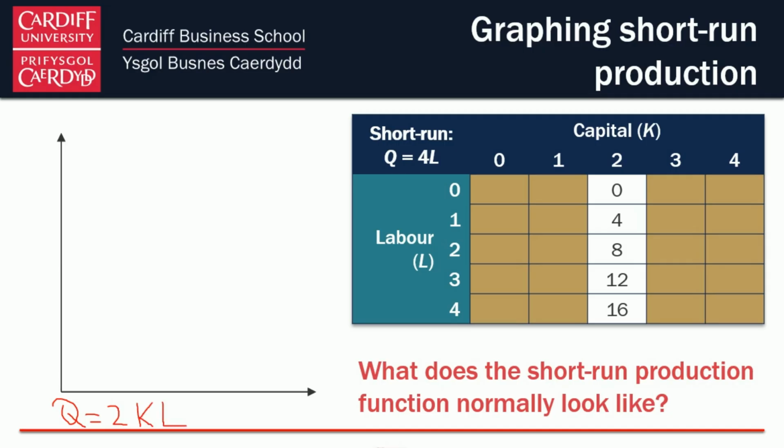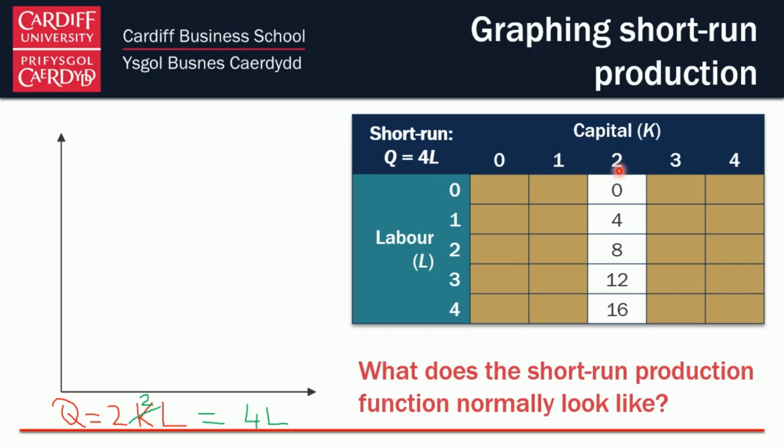Our capital in the short run is 2. So if you substitute 2 for capital, the output is simply 4 times L. That is what I have in here: Q is equal to 4L. So your short-run production function depends only on L, simply because K is fixed at 2.